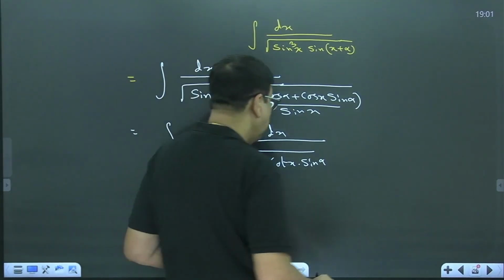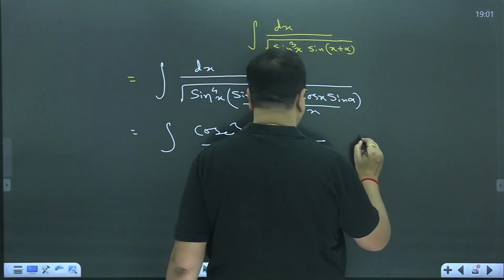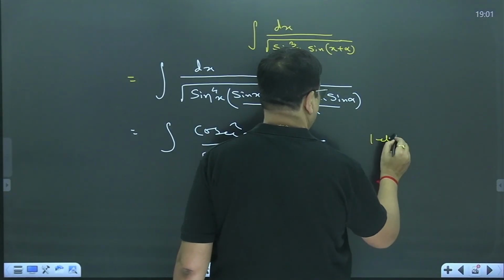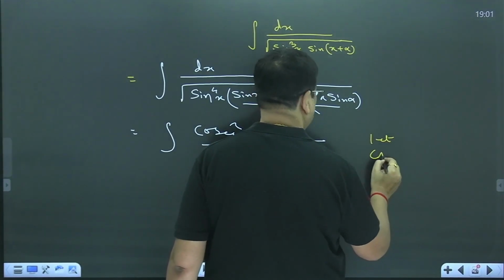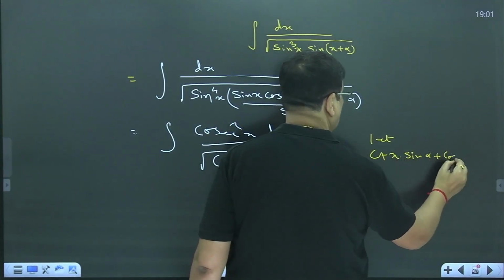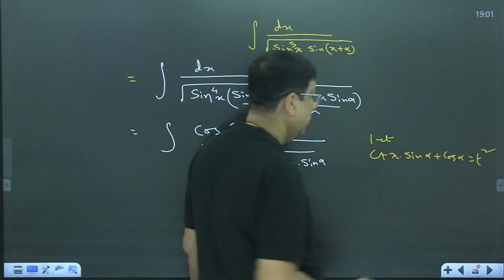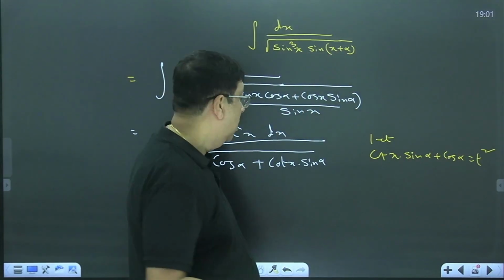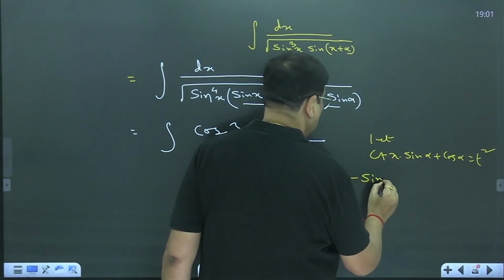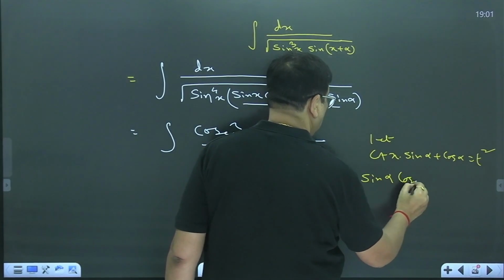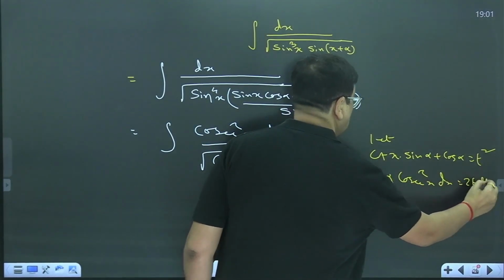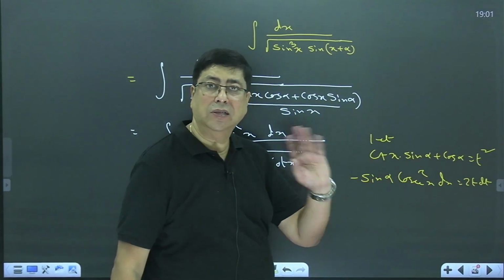Actually the differential is present in the sum. So what we'll do here, everybody? In this case, we'll write let cot x sin alpha plus cos alpha equal to t square. So done. The derivative of cot x is minus cosec square x, so minus sin alpha cosec square x dx equal to 2t dt, because cos alpha is a constant number, its differential is 0.